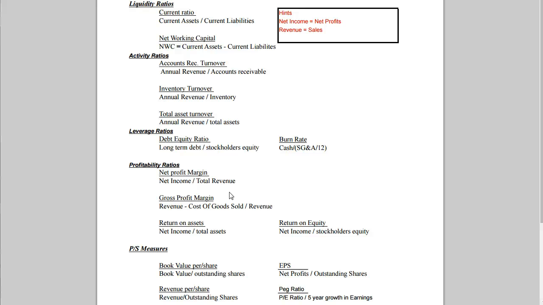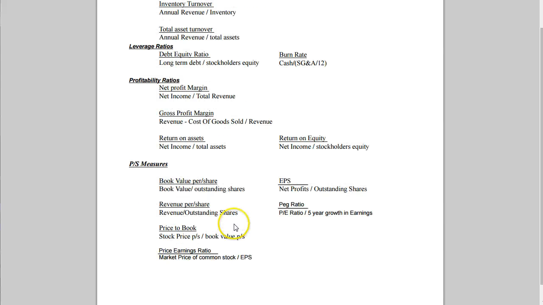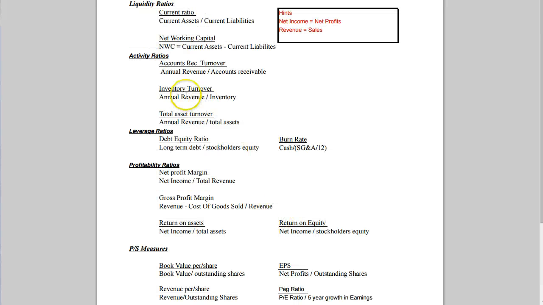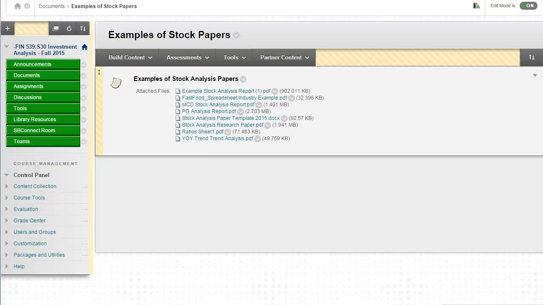Some people I discovered were going to Investopedia or different websites that have much more complicated formulas with different terms in them. And one thing, you don't have to calculate the PEG ratio. We could take that right from Yahoo, because it's really difficult to calculate a 5-year growth in earnings. So that's one ratio you don't have to calculate. But I have this sheet to hopefully help with some of the formulas that may have confused you.